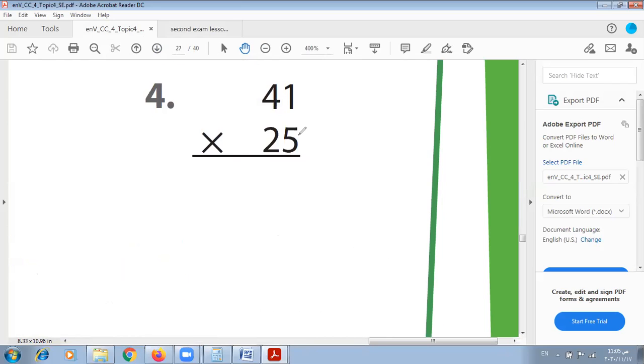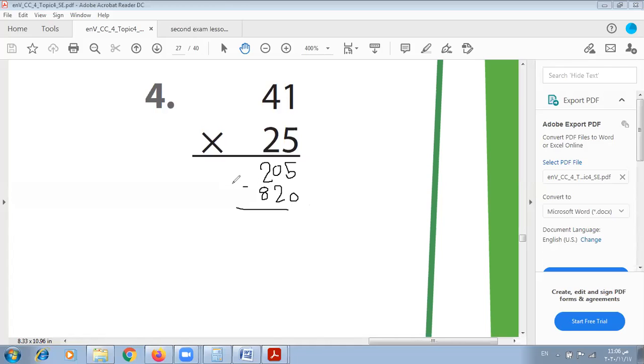So here, just multiply the regular way. 5 times 1 is 5. 5 times 4 is 20. Then we put a 0. 2 times 1 is 2. And 2 times 4 is 8.